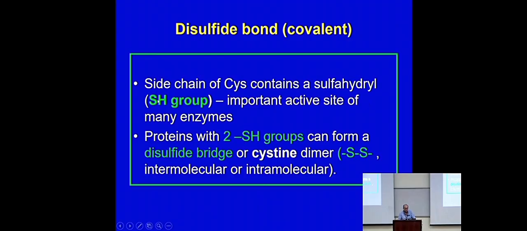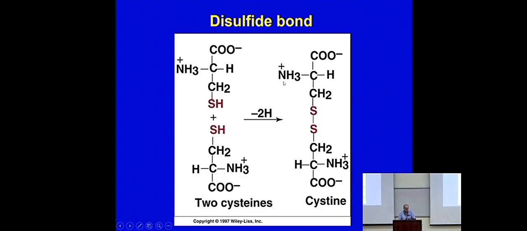But this sulfhydryl group has the capacity to form what are called disulfide bridges, SS bridges. So here's a cysteine: carboxylic group, amino group, R group.